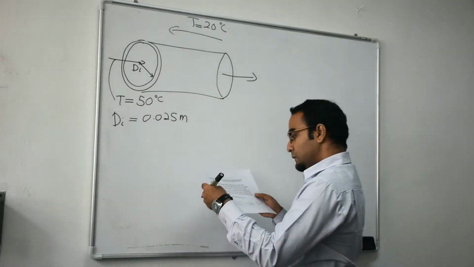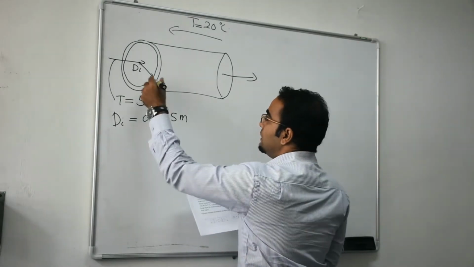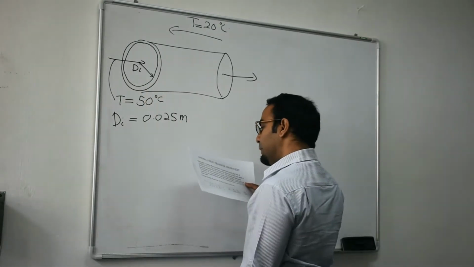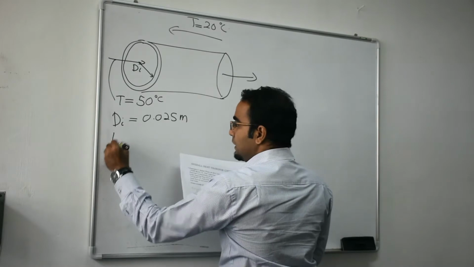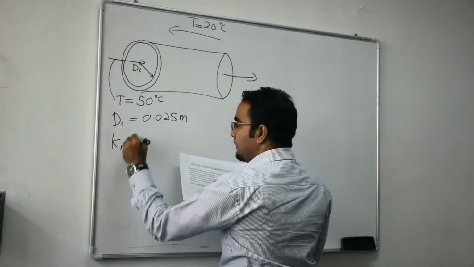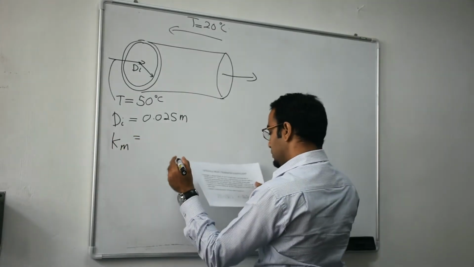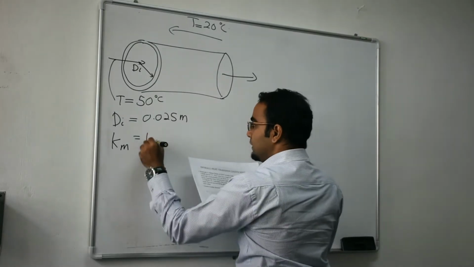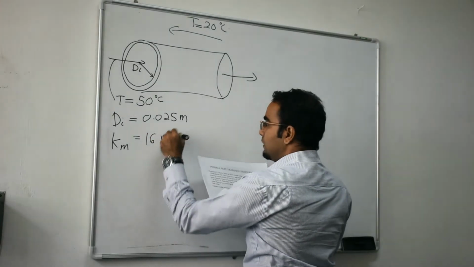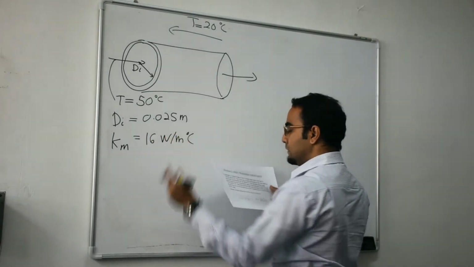And then we have the thermal conductivity of the pipe, Km, is equal to 16 watt per meter degree Celsius.